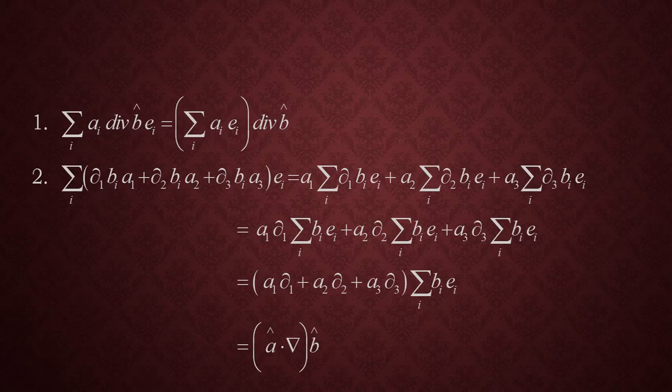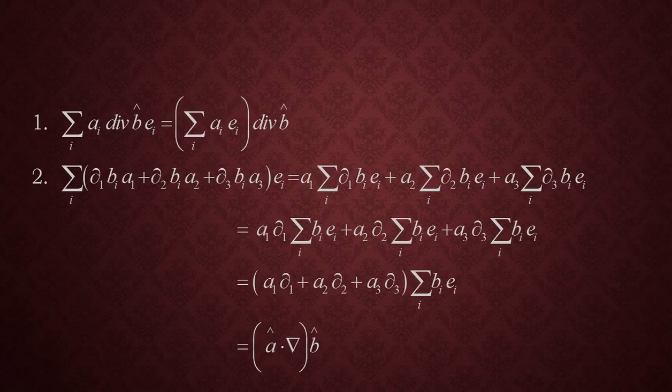Again we can take out B cap from this expression. Then it becomes (A1 ∂1 + A2 ∂2 + A3 ∂3) times B cap. This term A1 ∂1 + A2 ∂2 + A3 ∂3 is nothing but the dot product between A cap and the gradient operator del.